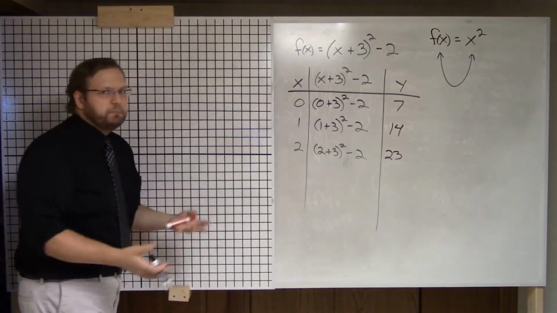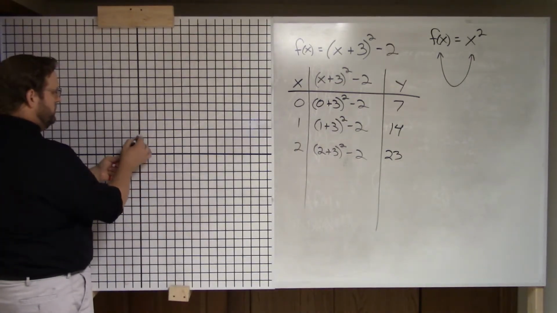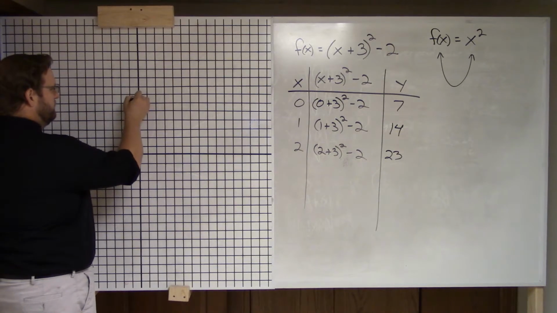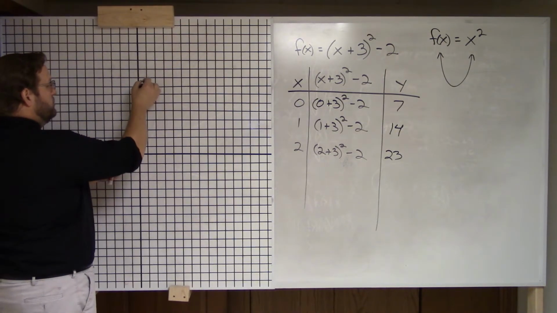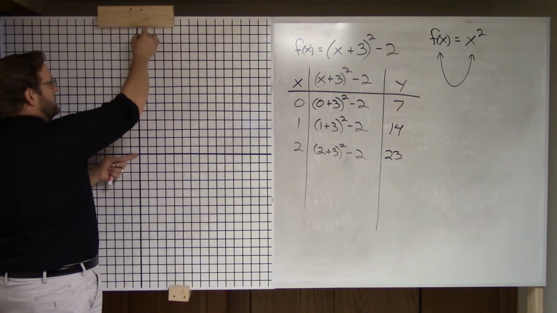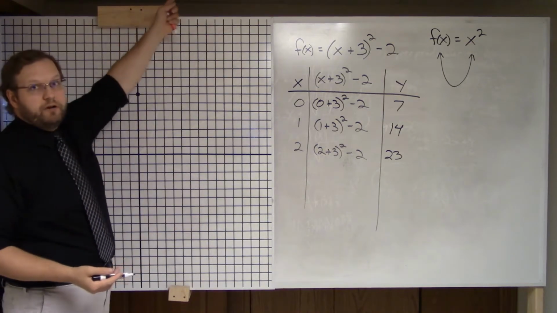Let's plot those and see what we get. We get 0, 7. And then we have 1, 14. And then that last one, 2 comma 23, that's way off my graph.